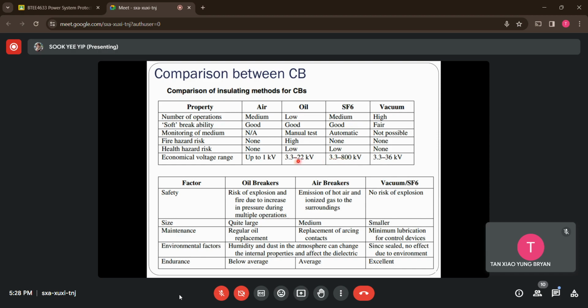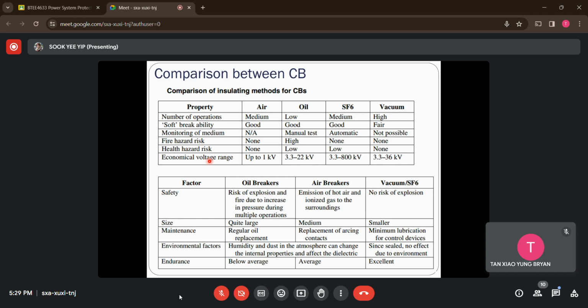For oil, it's not suitable for higher voltage applications, so we only limit it up to 22 kV. But for air breakers, seeing as they don't use high pressures, and the arc extinction occurs at atmospheric pressure that you cannot control, usually we only apply it up to 1,000 V systems only. So this is compared in terms of these six items here at the left-hand side.